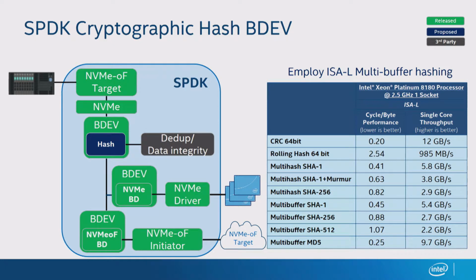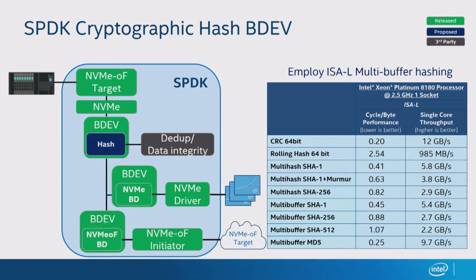But the computationally intense part, the hashing, the part that touches every byte, we've been driving down these cycles per byte, and as you can see, we can do most of these hashes in either single cycle or a fractional cycle per byte.